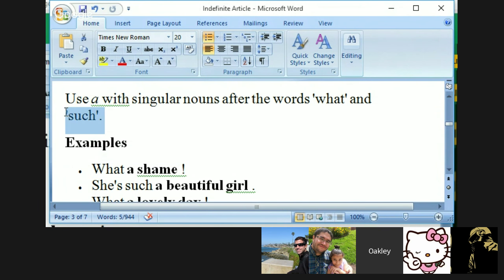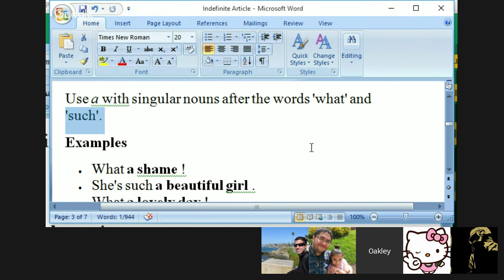Such, however, I tried to find an example of such followed by the, and I couldn't find any. It is possible to have such and then no article. For example, such fun.